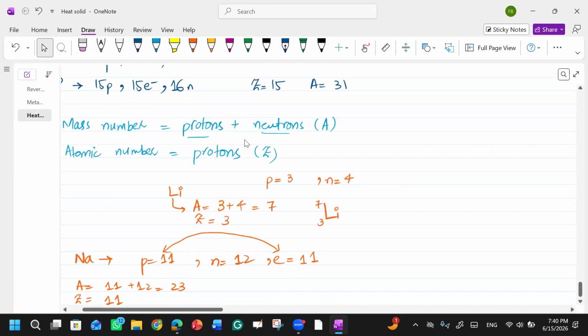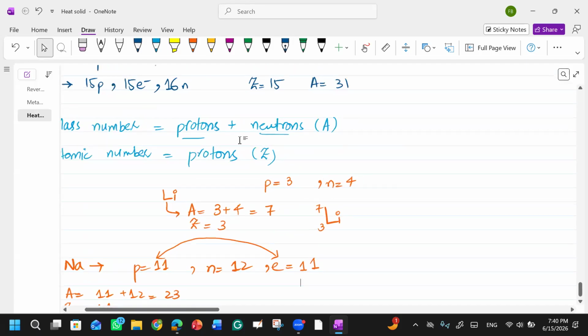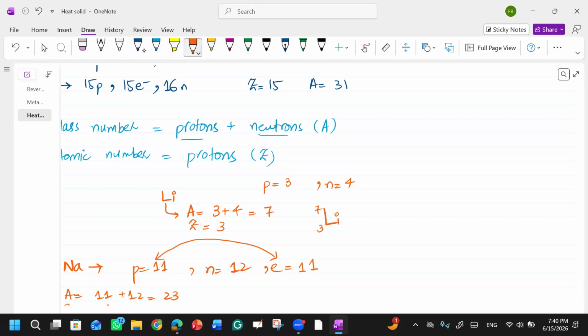If they want to ask you the neutron number, what can you do? You have the mass number, right? The mass number is A. You can subtract the proton number from it. This is the equation, and you can change it.